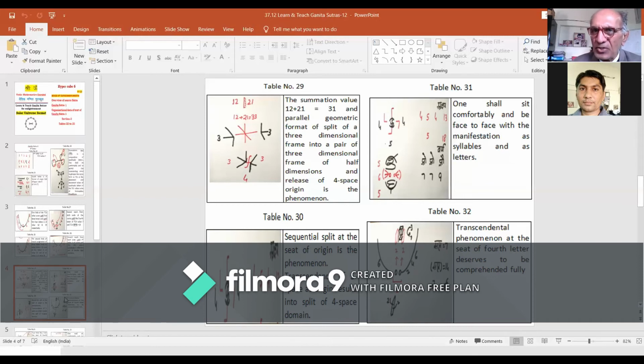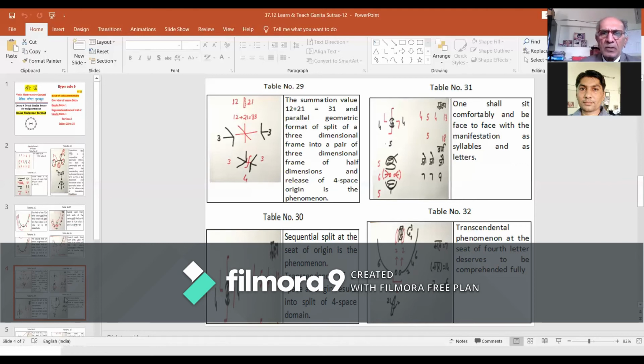It is in continuity that table 31 is depicting the continued transcendence phenomenon, which as six space of five space domain will lead to the final stage of a reach of such transcendence.